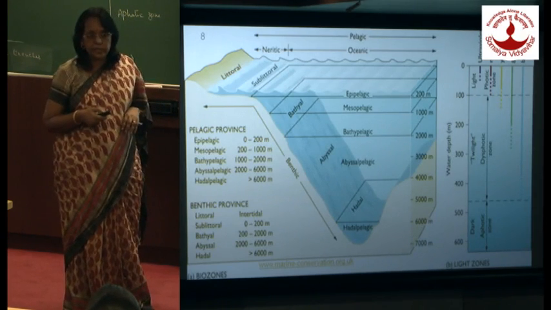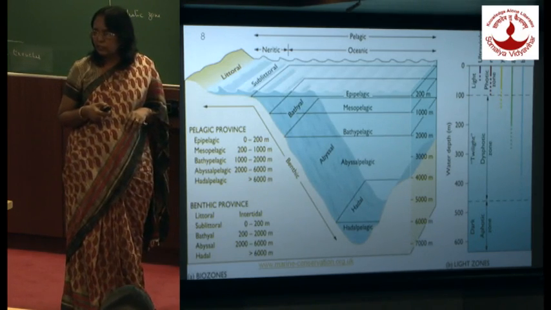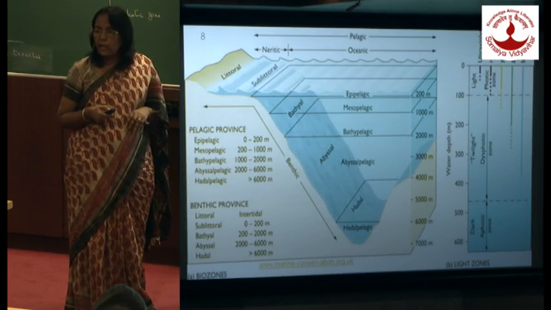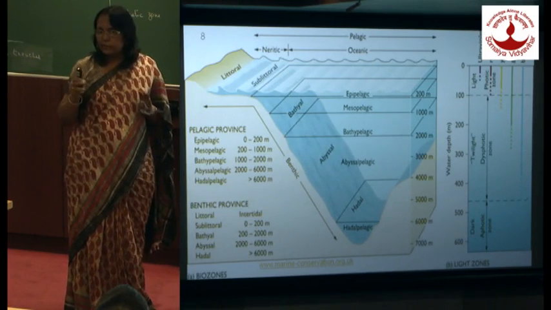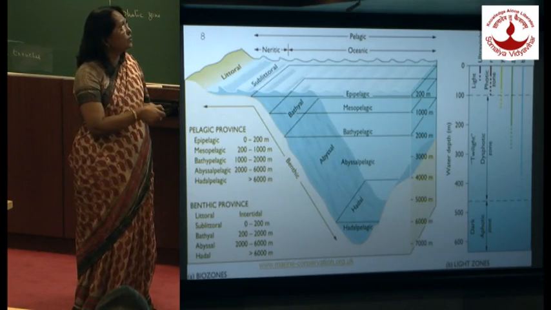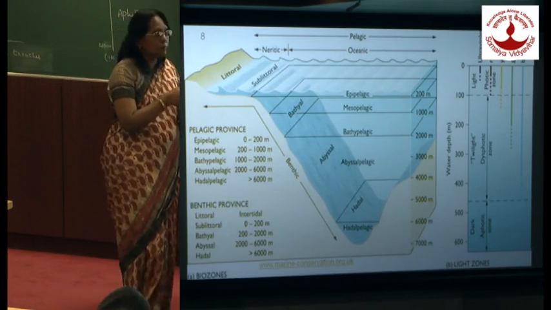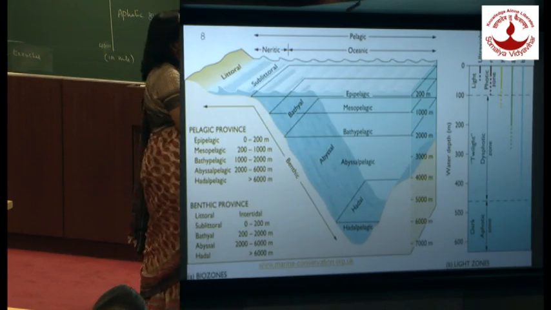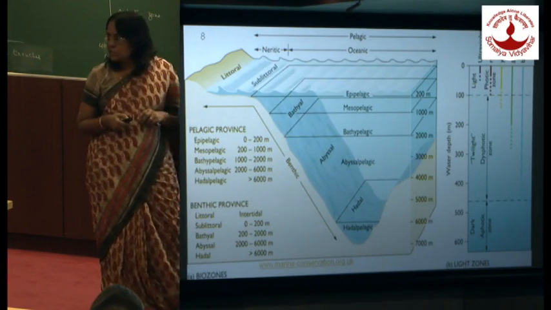Now the conditions definitely vary from the surface to the depths of the sea. Temperature will be much cooler, pressure will be much higher. So animals which are present there, they will have to adjust to that type of environmental conditions. So we have beautiful diversity in here. Now, is this understood about the light? Okay, and here it is shown, blue light penetrates the maximum. Usually you see the sea is blue.